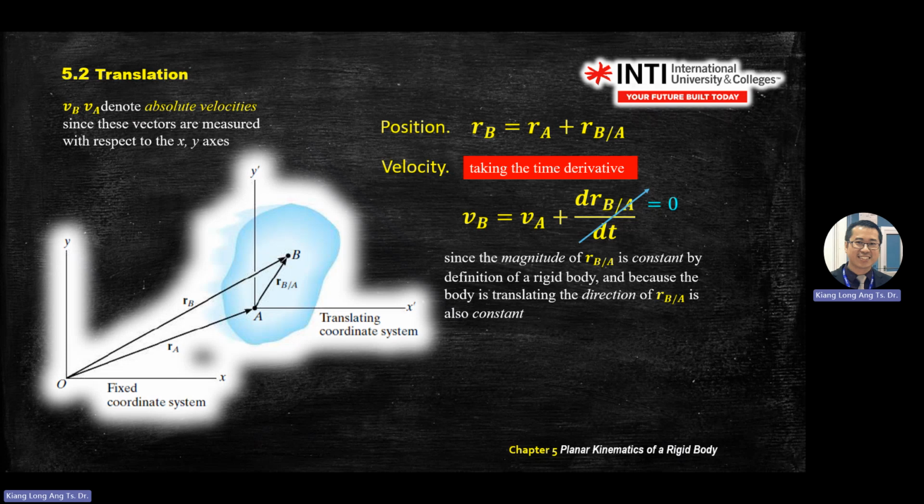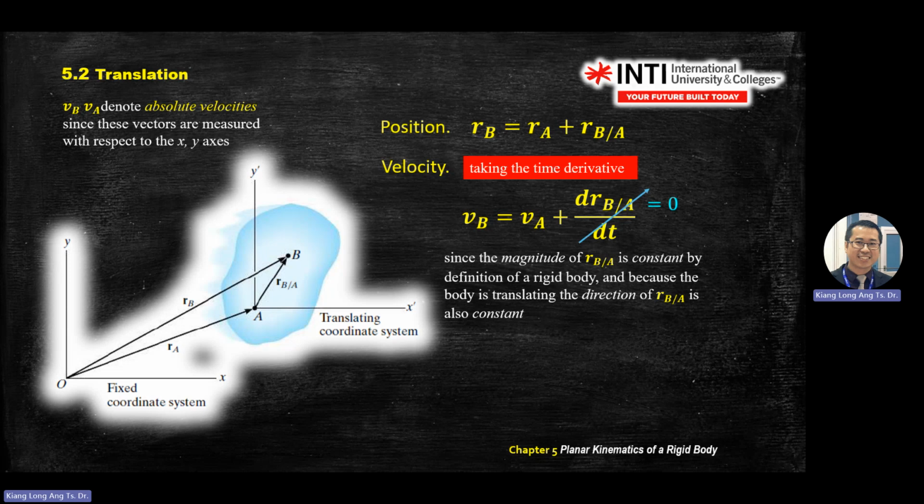Since the magnitude of RB stroke A is constant by the definition of a rigid body, what does that mean? For example, the distance between your mouth to your ears or to your eyes is always the same.